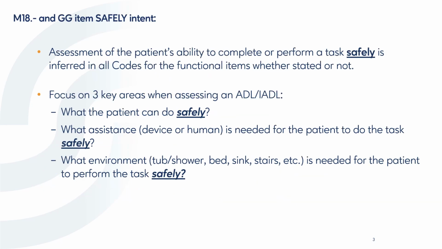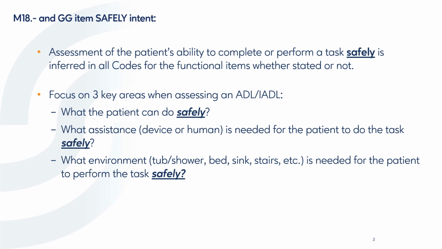The intent for both the M18 items and the GG items is always what can the patient do safely. So assessment of the patient's ability to complete or perform a task safely is inferred in all these codes. Whether it is actually stated or not, always think in the back of your mind, have that little word safely running around.